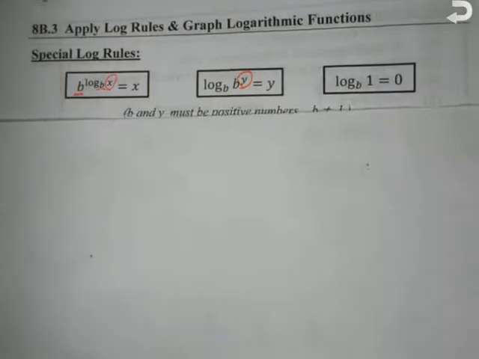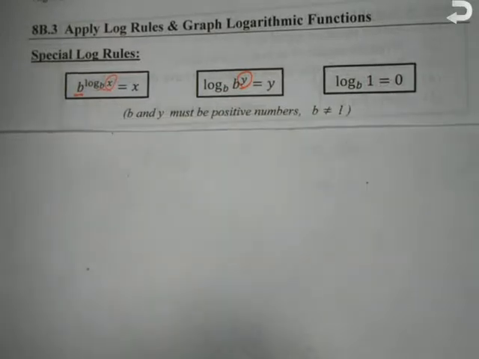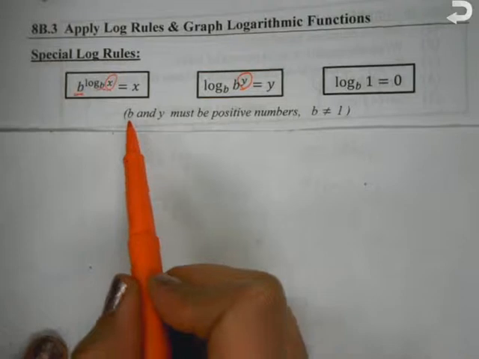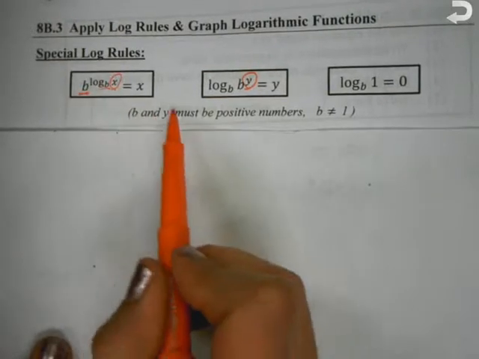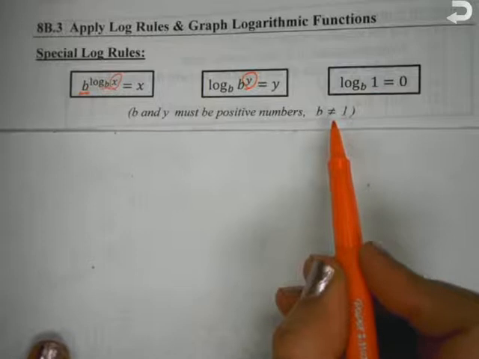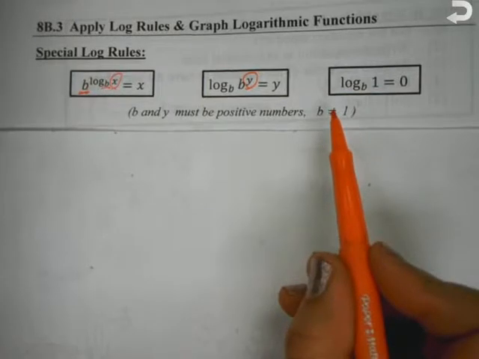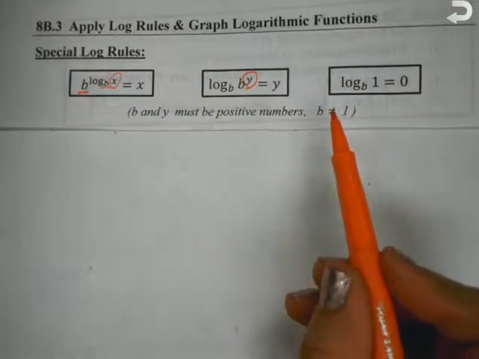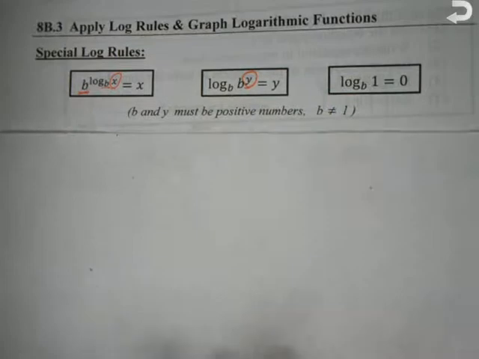That's the big one that we looked at yesterday. Just a reminder, same rule as with exponents: your base and your answer must always be positive, and our base can also not equal 1. Those are the rules that we talked about in 8A, so it's just a reminder.